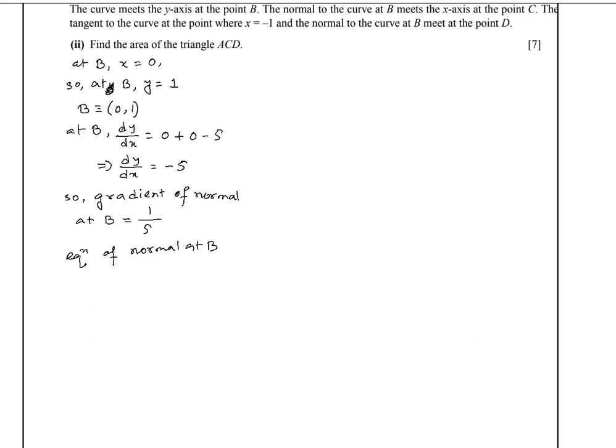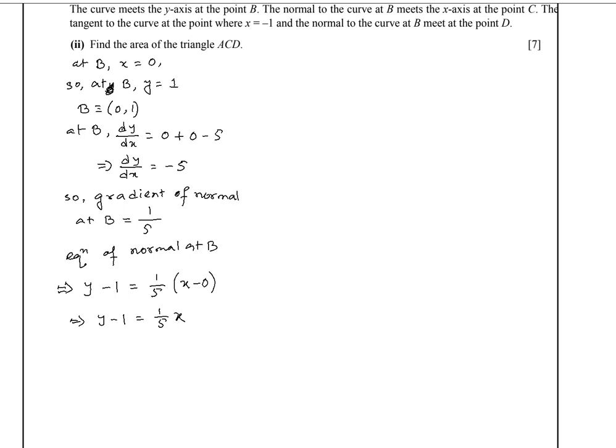We can write y minus 1 equals 1 over 5 times x minus 0. That gives us y minus 1 equals 1 over 5 times x. So this is the equation of the normal.